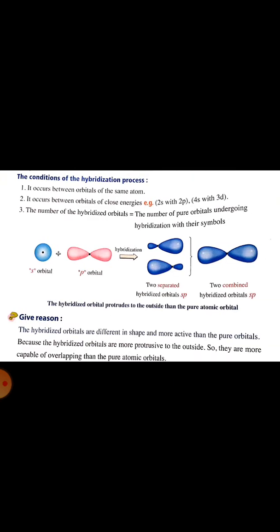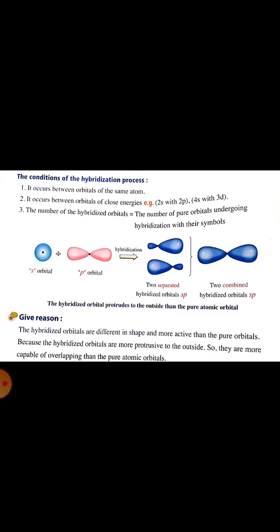Look, the conditions of hybridization. Number 1, it occurs between orbitals of the same atom. It occurs between orbitals of close energies like 2s, 2p, 4s, 3d. So inside the same atom, we have two orbitals close to each other in energy.